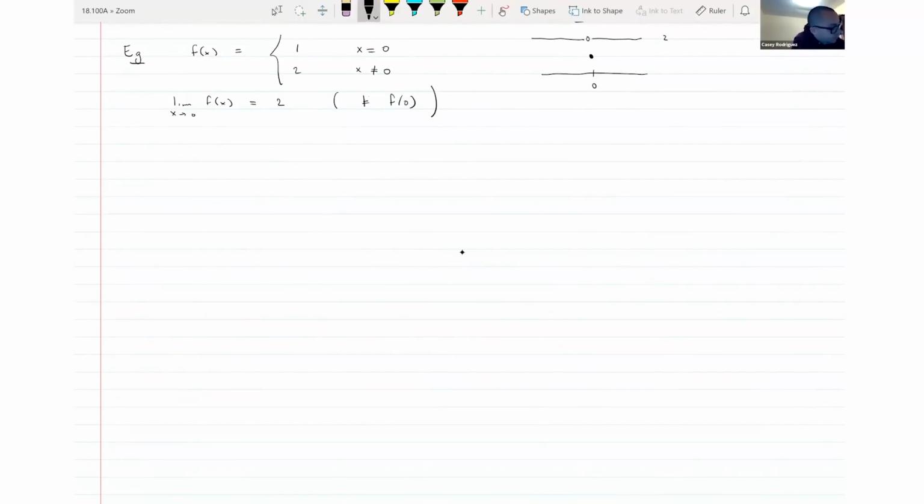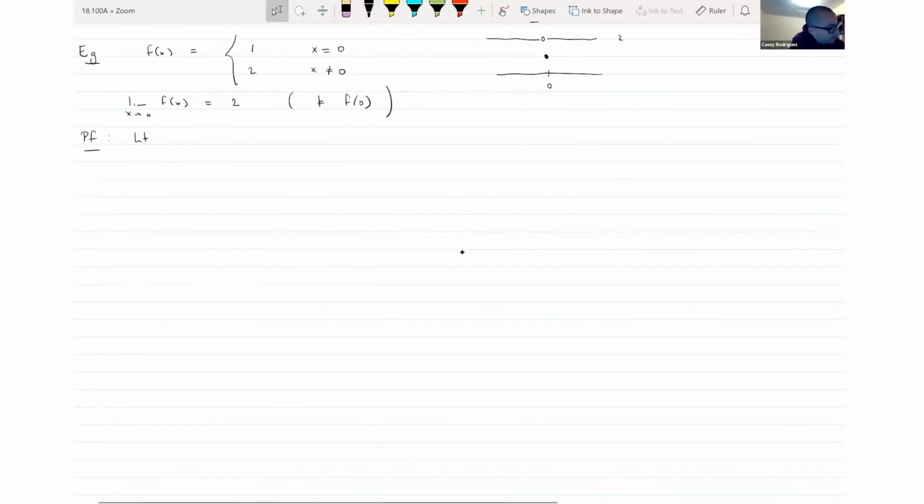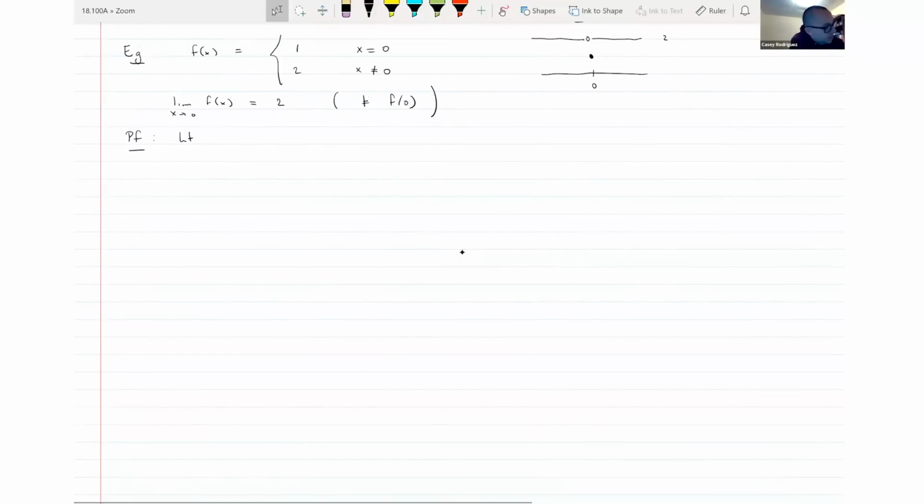So I'll give you the quick proof, or you can completely ignore it and just believe that the limit as x goes to 0 of this function equals 2. So the point is that for x not equal to 0, f of x is just a constant 2. So let epsilon be positive. And you can choose delta to be whatever you like, because f of x, when x is not equal to 0, is going to be equal to 2, the proposed limit.